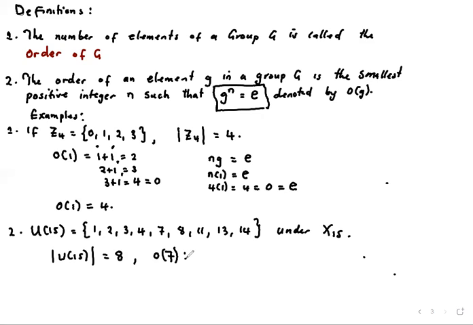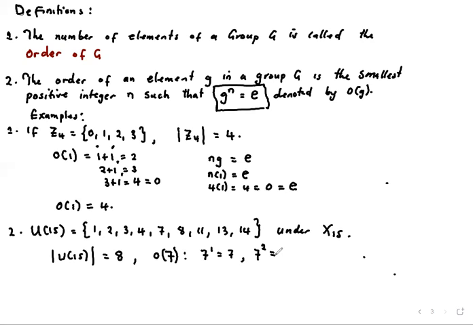We know that 7 power 1 is 7. And 7 power 2 is 49.